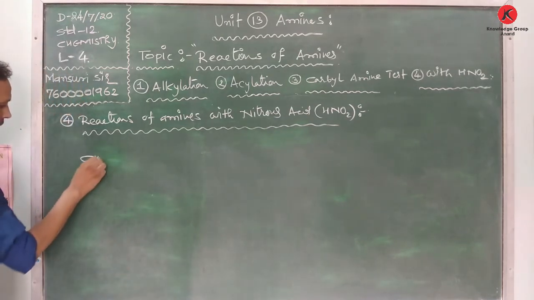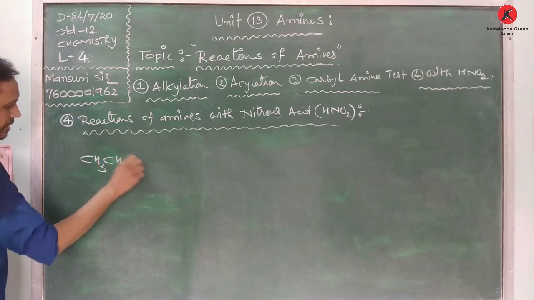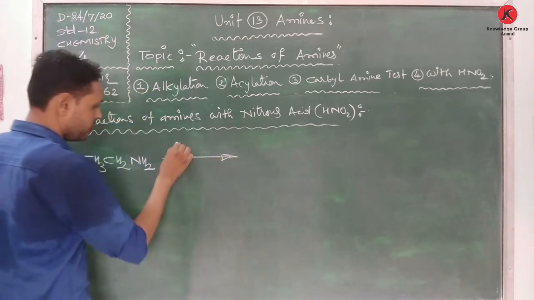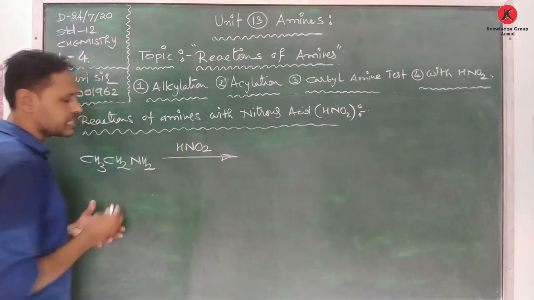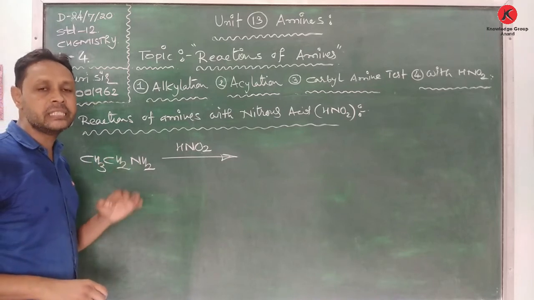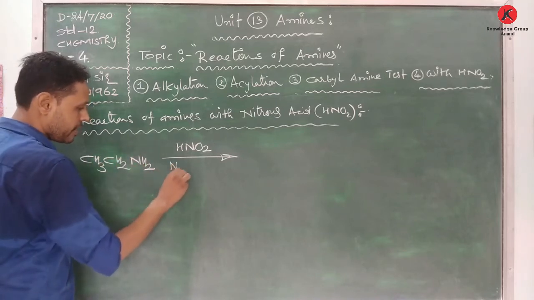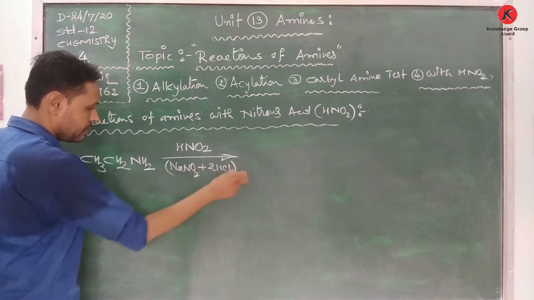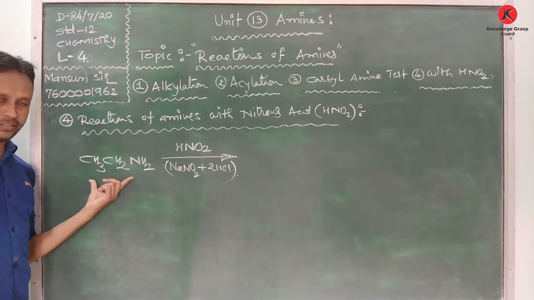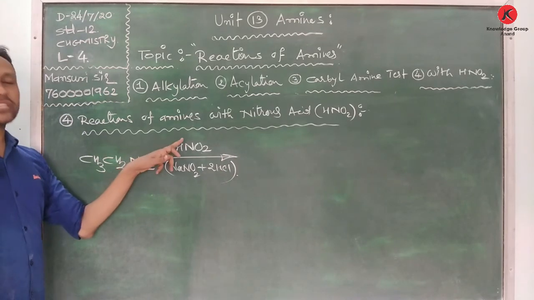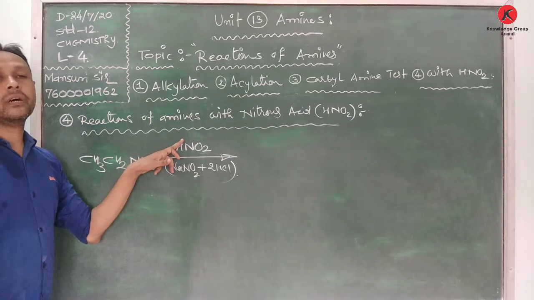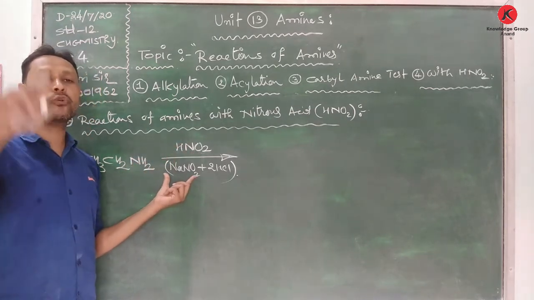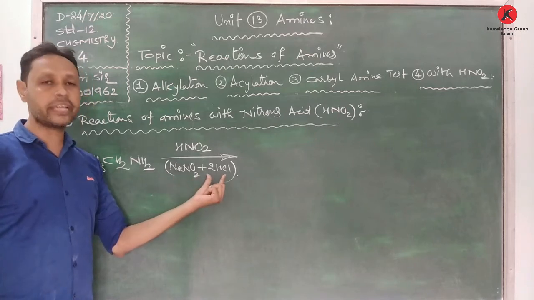Now here, as the aliphatic amine, we will take ethanamine. When ethanamine reacts with nitrous acid, which is nothing but the mixture of NaNO2 and HCl, when a primary amine reacts with HNO2, in other words the mixture of sodium nitrite and hydrochloric acid, then what will form?